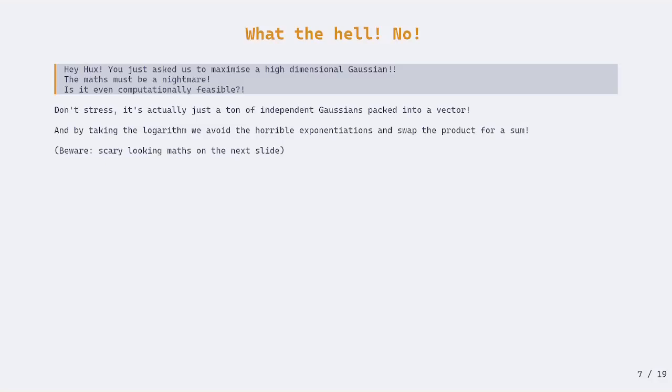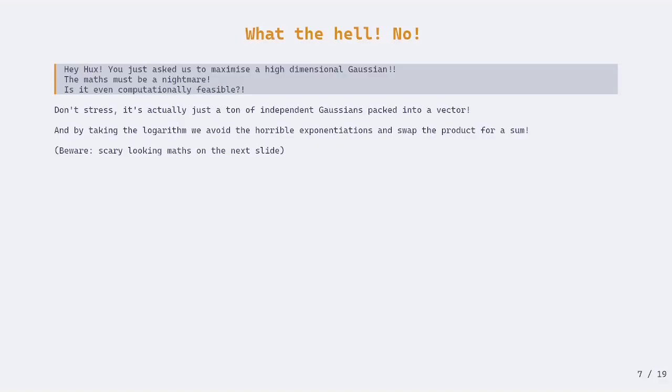Don't worry. Don't forget, it's just a ton of independent Gaussians packed into a vector for shorthand convenience. And with the magic of logarithms, which are monotonically increasing, so they're ignored by optimization, we can avoid the horrible exponentials, the e's in the normal distribution function, and we can get rid of that big product, because we're multiplying a bunch of independent Gaussians together effectively, and turn that into a sum instead.